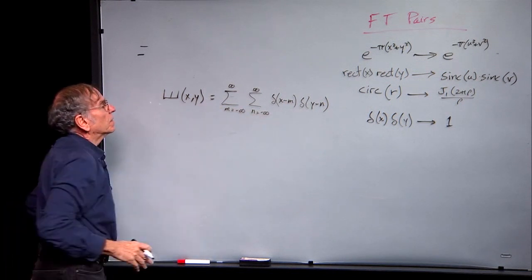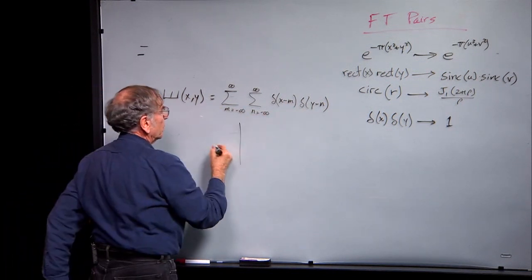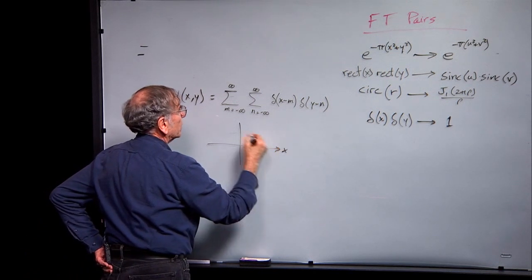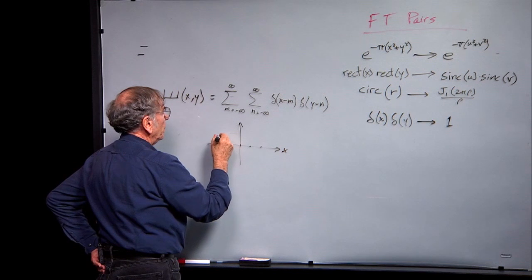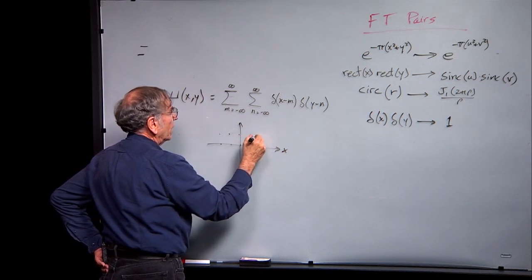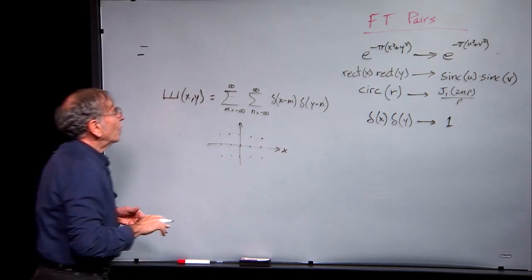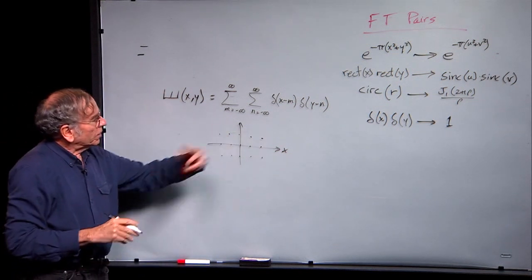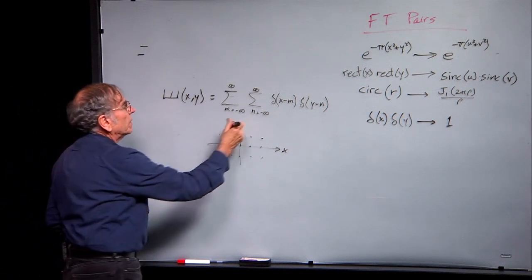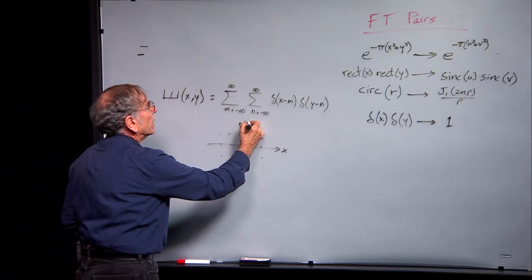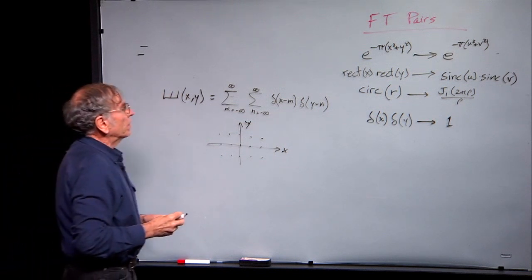We sum this over all m's and n's, and what that does is, if we're looking down on the xy plane, there will be a delta function at every point in a square lattice of lattice size 1. So you can imagine this bed of nails arrangement of delta functions in the plane as m and n take on all possible values.